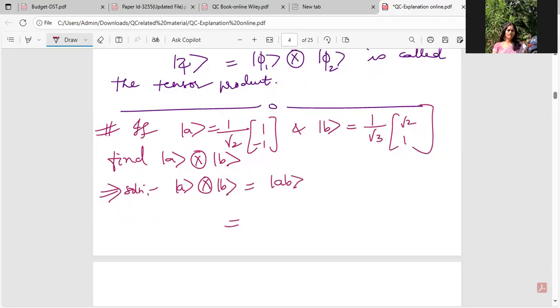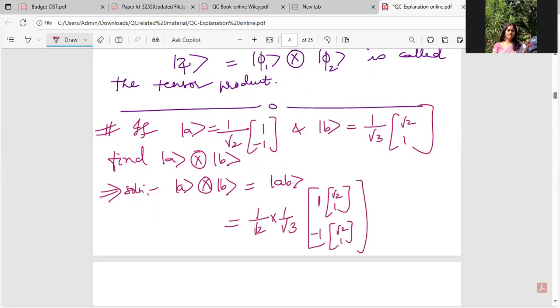This would be nothing but 1 by root 2 into 1 by root 3. I write it outside because both are constants. Of course, properties of tensor products I'll talk about once you understand. Then 1 into (root 2, 1), and minus 1 into (root 2, 1).